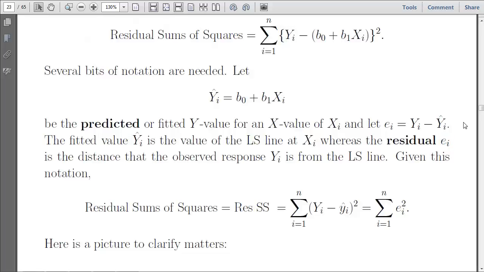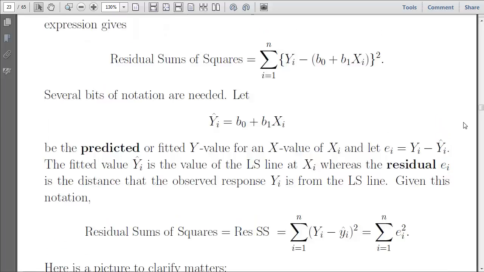So creating a little bit of additional notation, our predicted value is this regression part here, B0 plus B1 xi. That is our predicted value. That's this right here. And so we can substitute y hat in for that part of the equation.